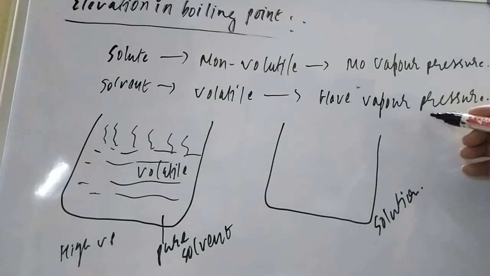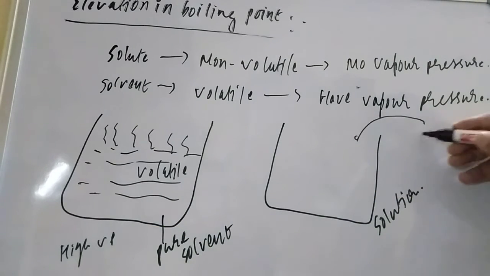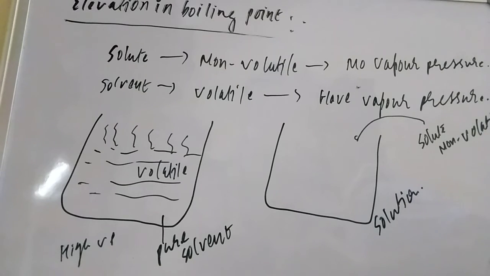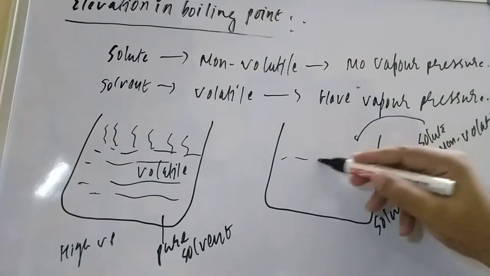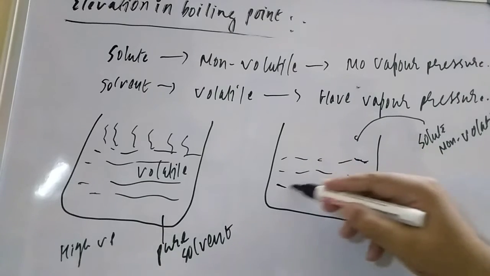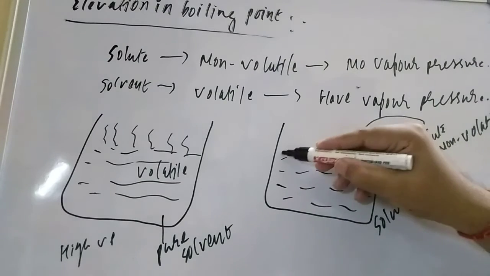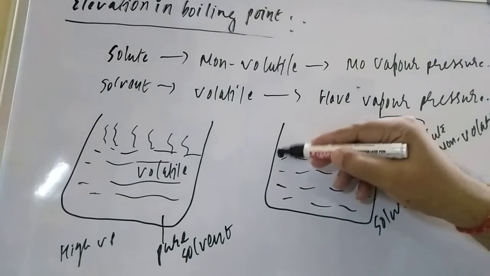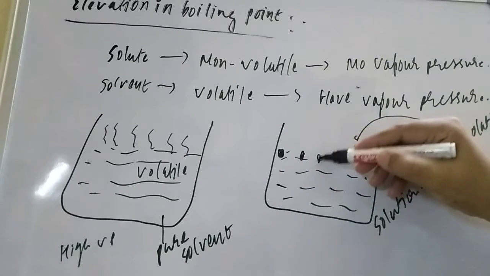Suppose you are adding a solute, and that solute is non-volatile, so it does not have any vapor pressure. Whatever water molecules are there, the non-volatile solute is also there on the surface, everywhere on the surface.